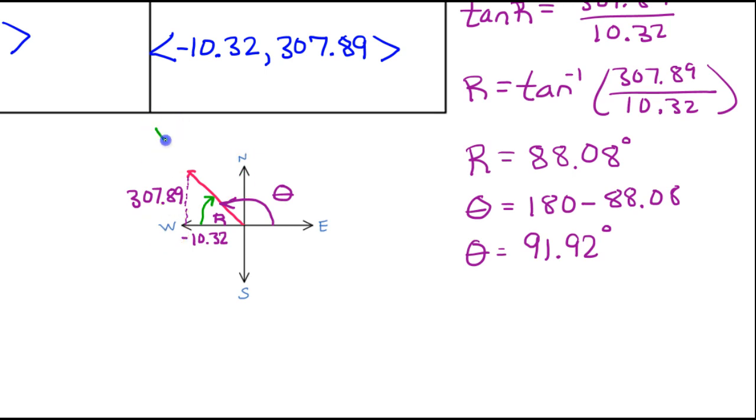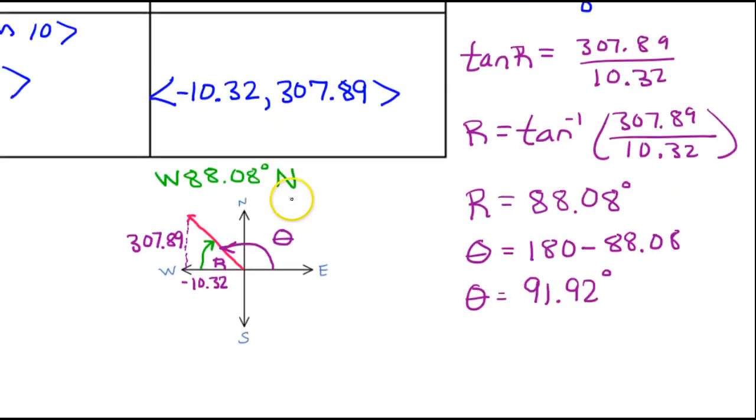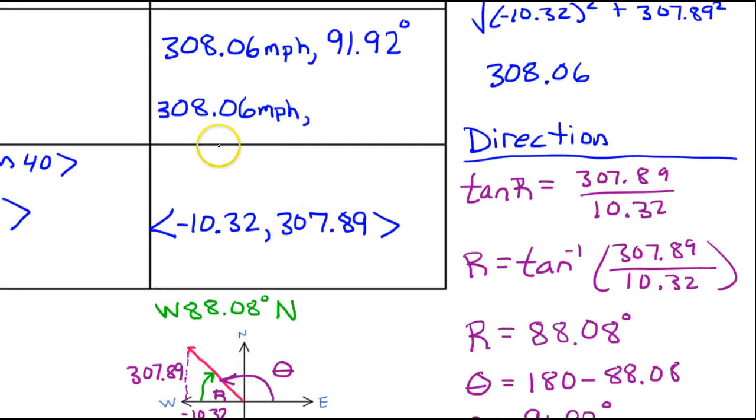Again, we started at west and then we turned 88.08 degrees. Okay, that's the measure of R. And that's in the direction of north. So this would be a way of saying the direction using the type of notation that they gave us in the original problem. So I'm just going to record this for my final answer.